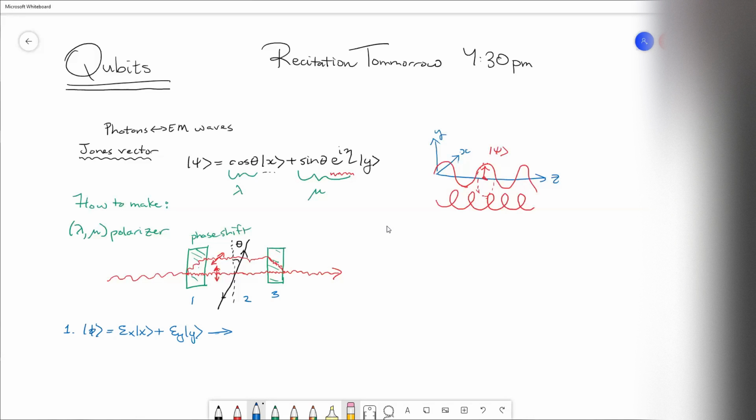Let's say the Y polarization gets shifted by a phase factor. So you go to a new E prime, and nothing happens to the, actually, to make it consistent with this picture over here, let me flip these around.